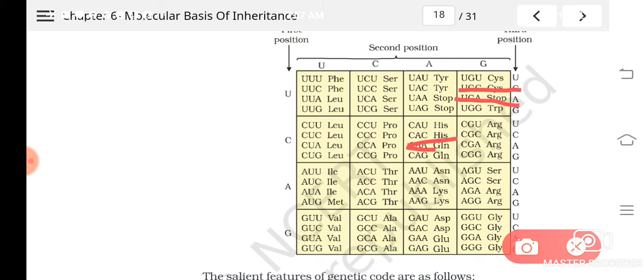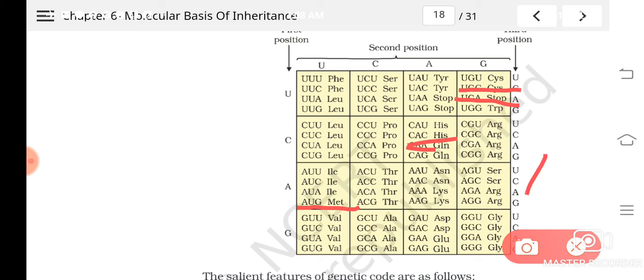Other stop codons are UAA, UAG and UGA. And AUG codes for an amino acid called methionine, and it also acts as a starting codon, the initiator. Understood? So these are the different codons of the genetic code.